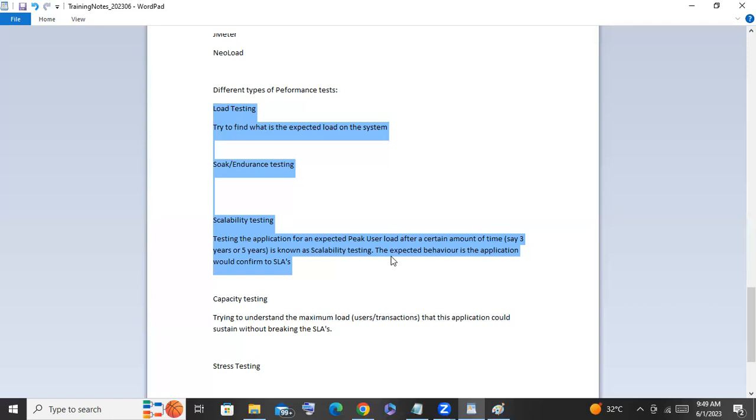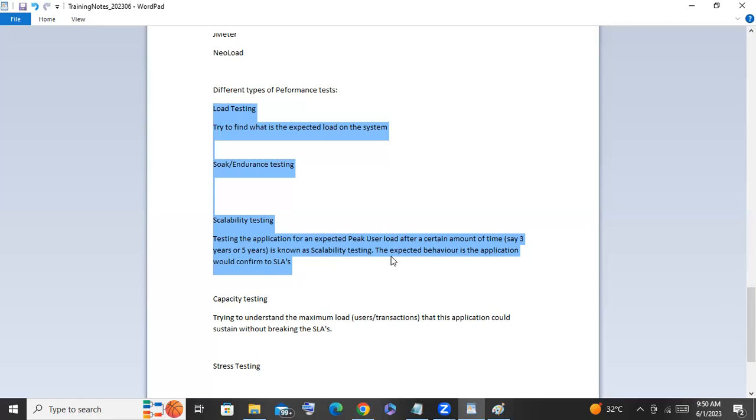Now, to answer your question, do we do the soak testing or endurance testing after each type of testing? Like, you do the load testing, you do the soak testing, you do the scalability test, and again at that particular load you would do the soak testing. Not really. Why not? Usually, guys, after a certain amount of time, maybe 6 months or 1 year down the line, your application would be completely revamped, completely changed.